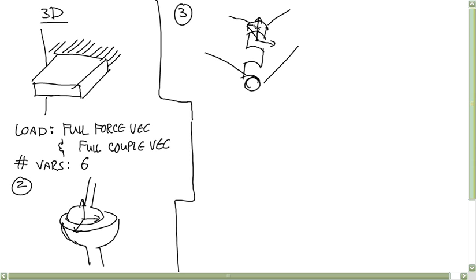Who knows? But say this axis is going right down the axis of the hinge, okay? Would it prevent rotation about that axis? No, that's what it allows, right? So we know that it prevents 2 rotation components.